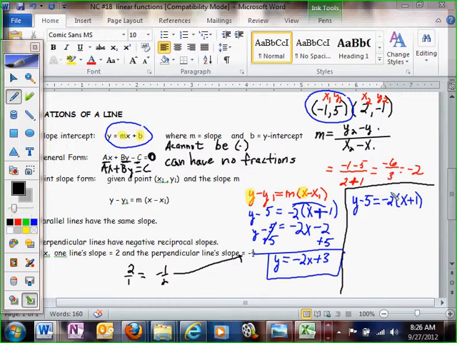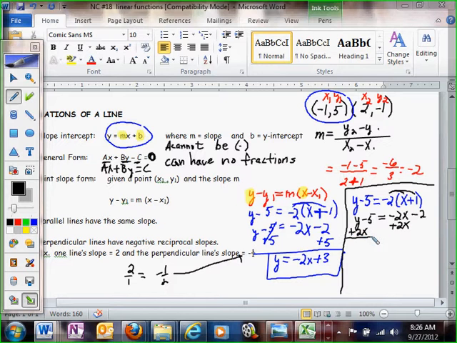So the way it works is I'm just going to simplify, and I'm going to use my algebra skills to get all my x's and all my y's and my c on the left side of the equal sign. Should be pretty easy. Distribute the minus 2, and I have y minus 5 equals negative 2x minus 2. Then I'm going to move my x's to the left side of the equal sign, and I'm going to do it one step at a time.